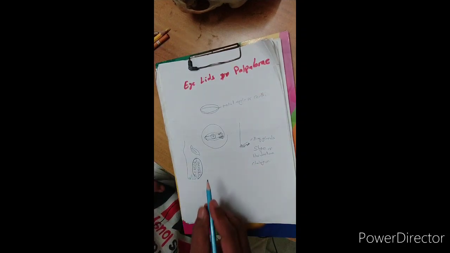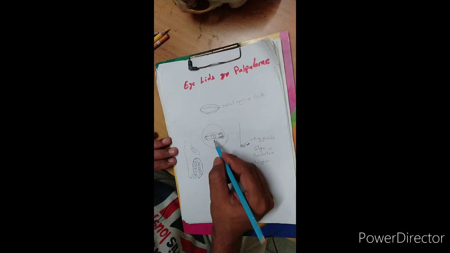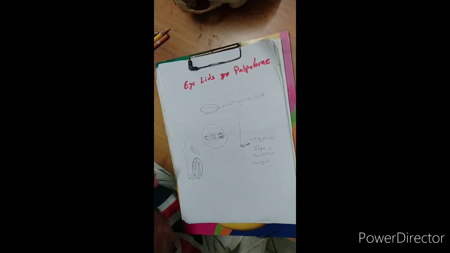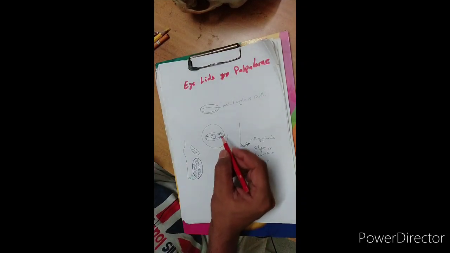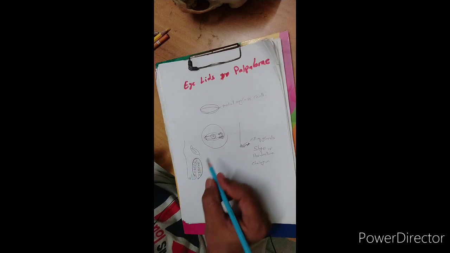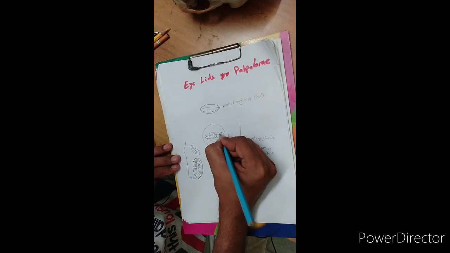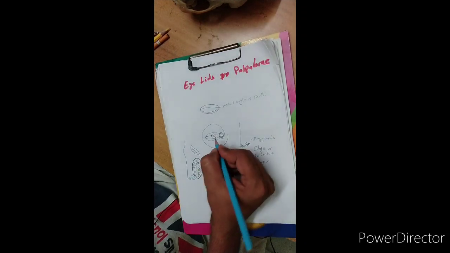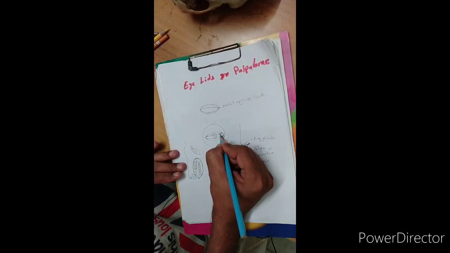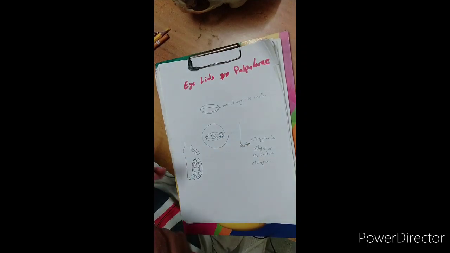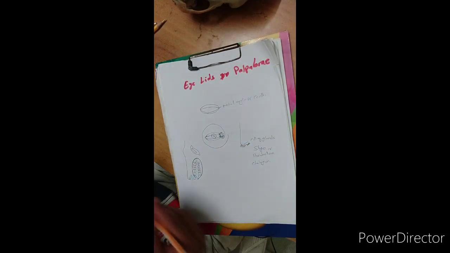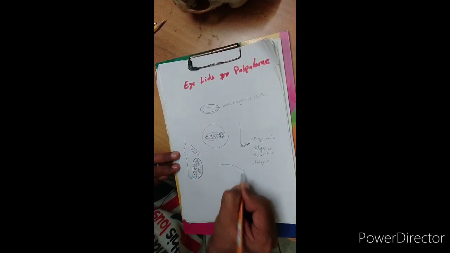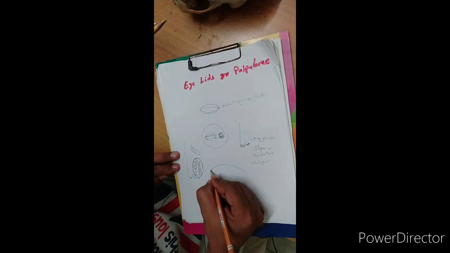Okay. So if you see here, especially between the eyelids on the medial side, toward the medial angle, there is a triangular area. This triangular area is known as the lacus lacrimalis. Here, if I draw the last diagram, this is actually the conjunctival sac.